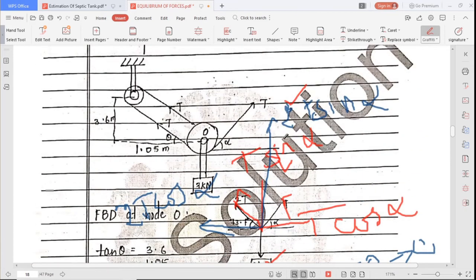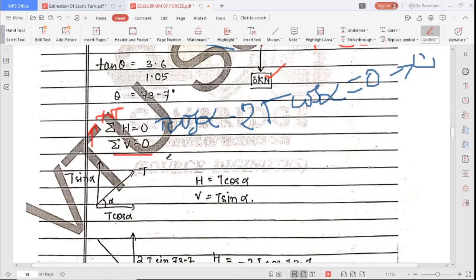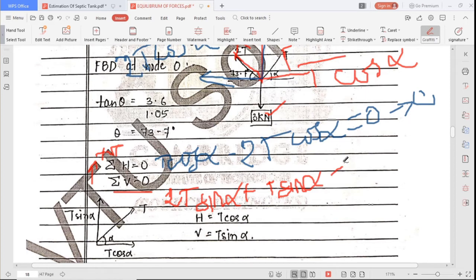So the positive ones are 2T sin alpha plus T sin alpha minus 3 kilonewton is equal to 0. Take this as equation number 2.